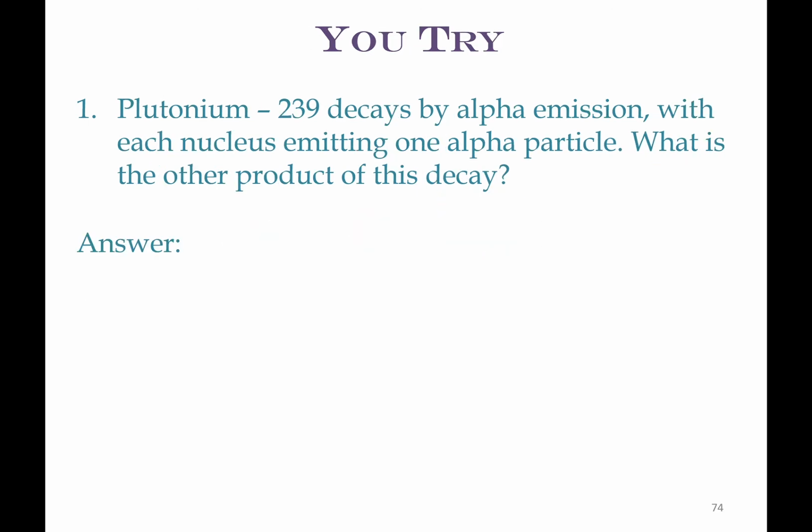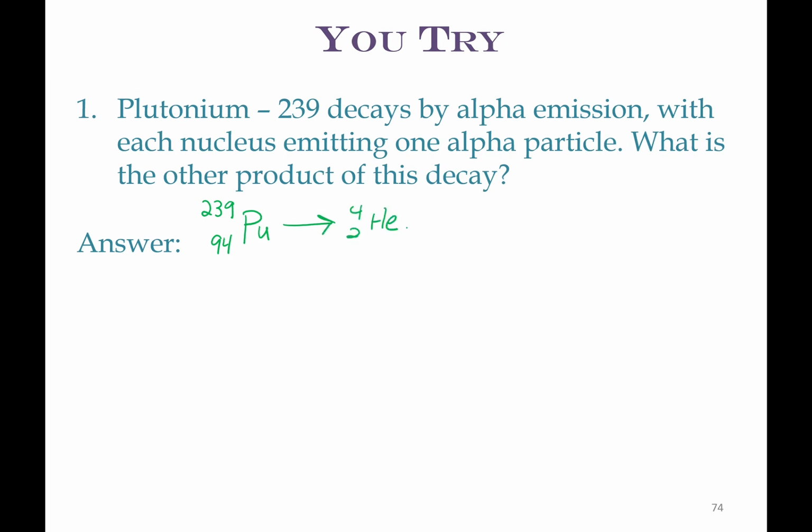All right, so plutonium-239. We have to find plutonium on the periodic table, and it's number 94. Plutonium-239 decays by alpha emission, with each nucleus emitting one alpha particle.